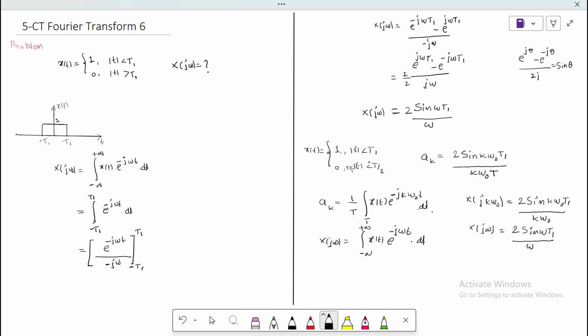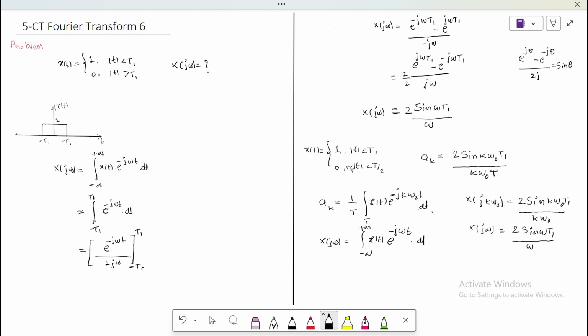So this is the periodic signal. That periodic signal converted to the frequency domain equals 2 sine k omega naught t1 by k omega naught T. So in the Fourier transform, we take x of j omega equal to ak into T. This x of j omega is now derived from the formula, and it is similar to the periodic rectangular pulse train.